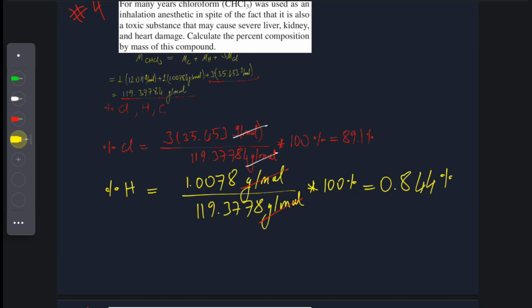To calculate carbon, we can do the same thing, or we can add these two numbers and subtract from 100. If your calculations of these two are correct, then you will find the percent mass of carbon, since there is no other element. But I don't want to use that, and I will explain why.